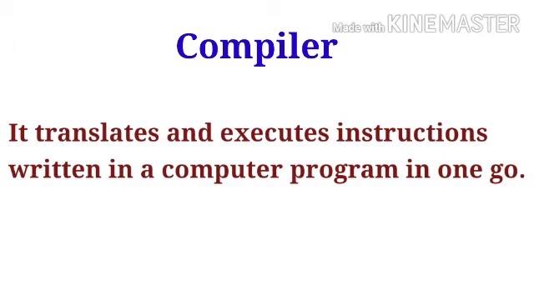But interpreter converts line by line, but compiler converts in one go. That's why compiler is slower than interpreter, or interpreter is faster than compiler.